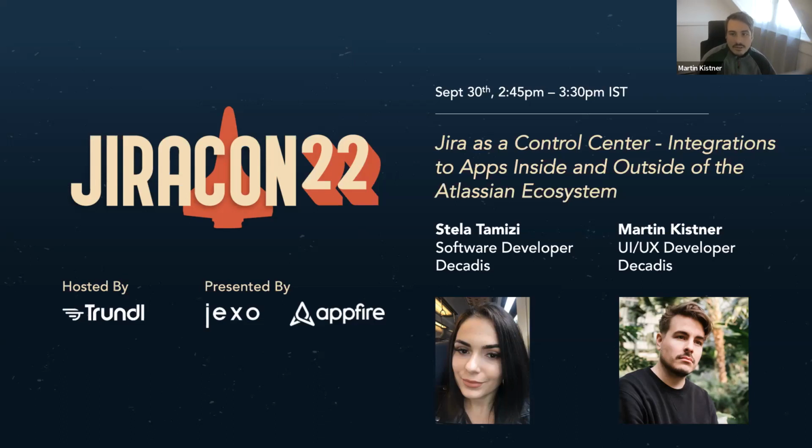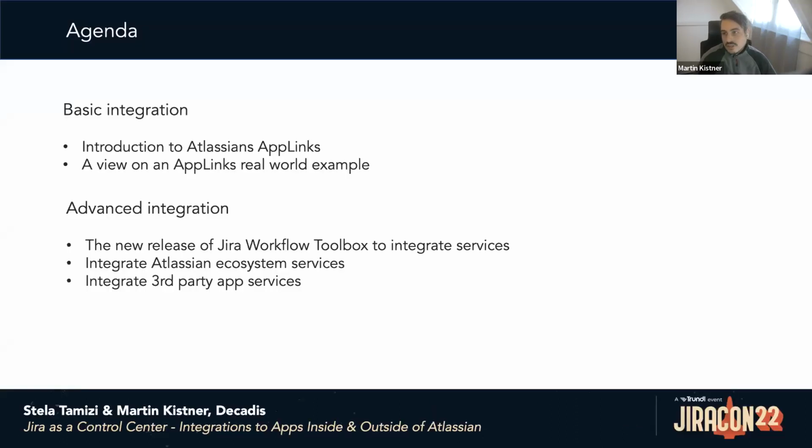So today, we will talk about integration. What's on our agenda for today? We'll start out with basic integration: what's provided by Atlassian out of the box? We will refer to the so-called application links, or in short, AppLinks. We will have a view on a real-world example of how you can make use of the AppLinks, and then we will look at what we as an app vendor can build on top of it to make it even more cool for you to use.